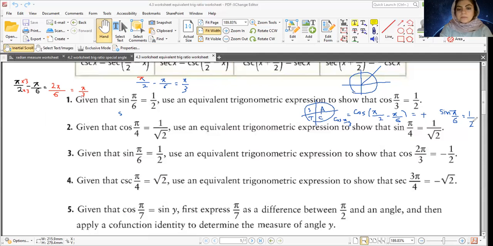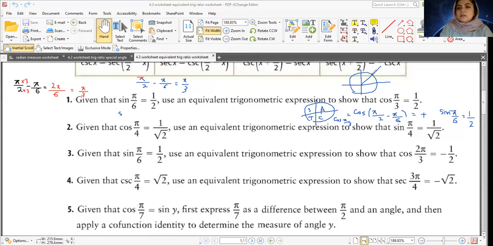I'm going to just recap quickly. We start from pi over 3. We know pi over 3 is pi over 2 minus pi over 6, right? And instead of the pi over 3 here, I put pi over 2 minus pi over 6. I put the unit circle. I see this angle is in the first quadrant. So I know the transformation by 90 degrees turns cosine to sine. Sine of pi over 6.